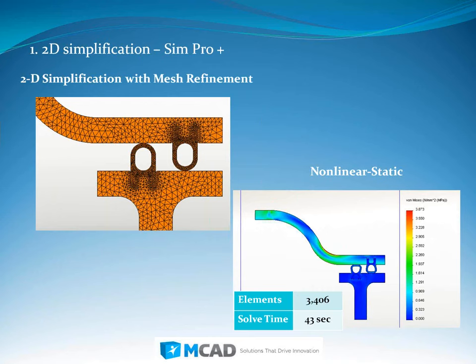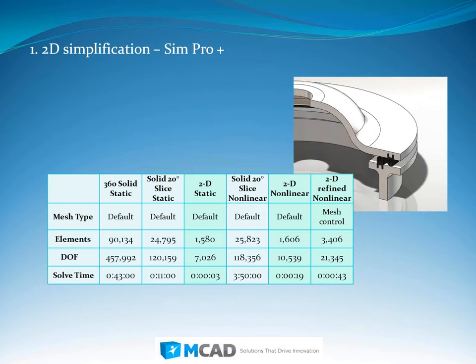This would be a model that I would consider probably pretty close to having an adequately converged solution on the results. So you see we're up to 3,400 elements, and solve time still under 1 minute. So very doable with 2D simplification for nonlinear study types.